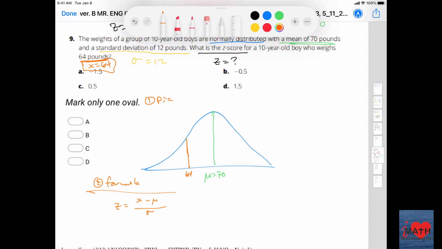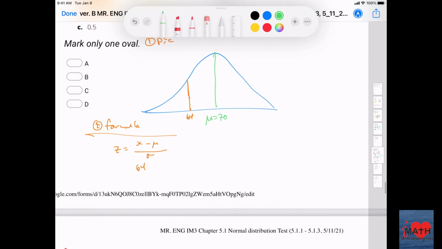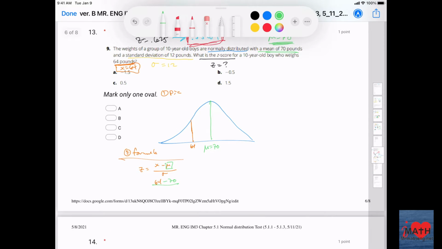Our x was 64, our mean was 70, and our standard deviation was 12. So you get negative 6 over 12, which is negative 1 times 6, 2 times 6. The 6 cancels, so you're left with negative 1/2, which is negative 0.5. That would be choice B.